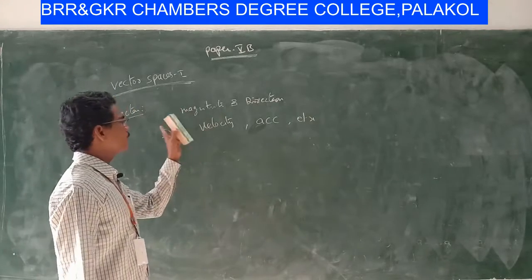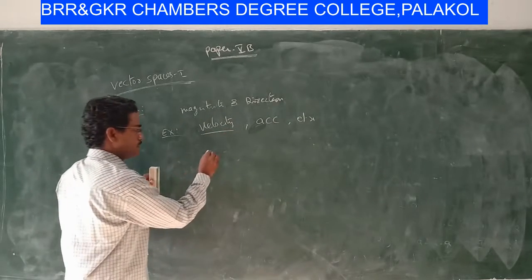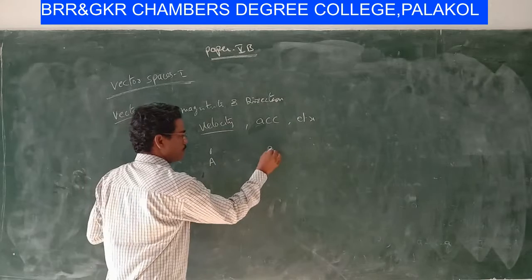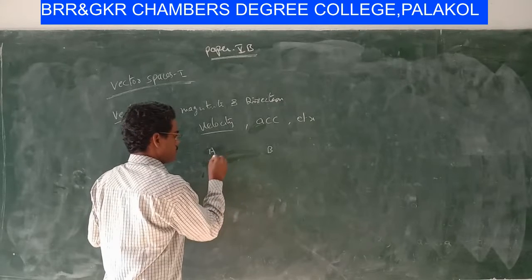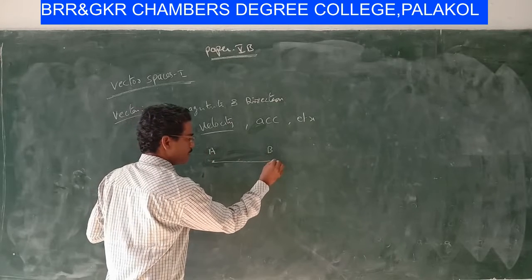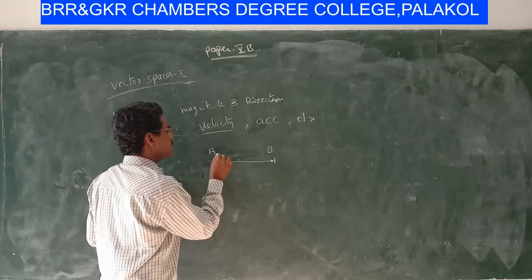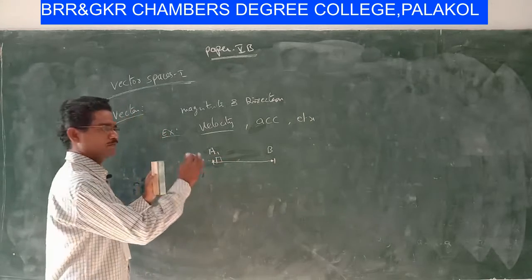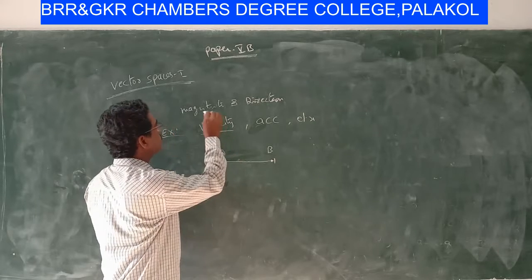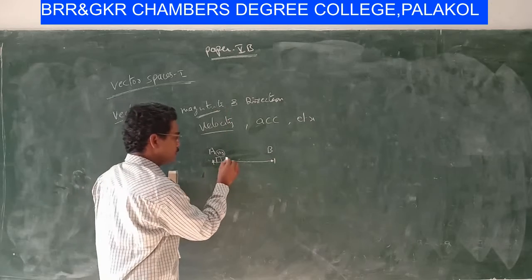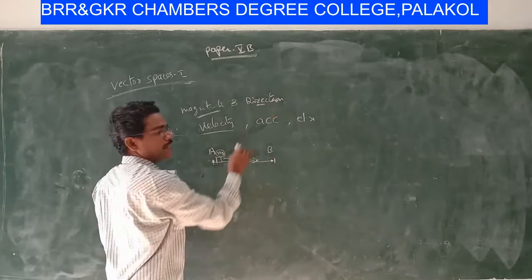These are vectors. Suppose velocity means a particle goes from point A to B. It goes 1 kg means magnitude, and this direction, from A to B, is called direction.